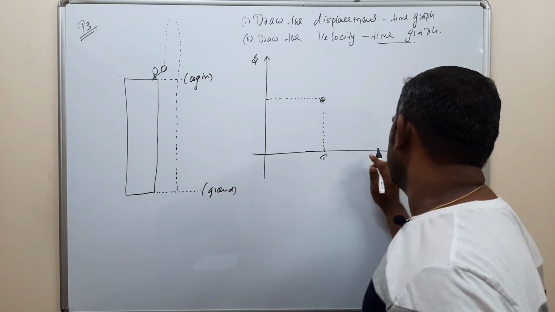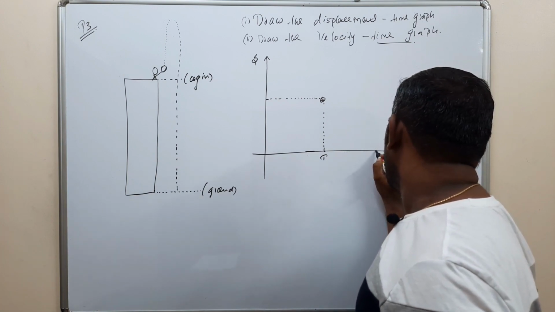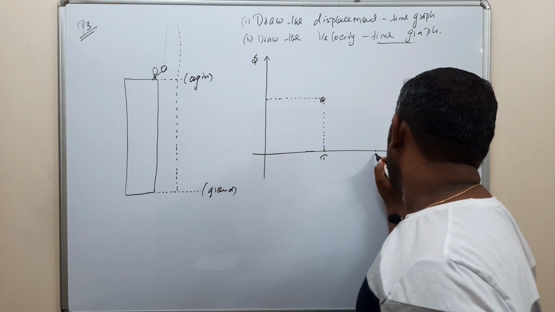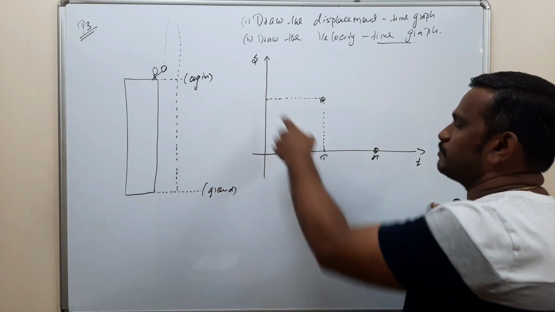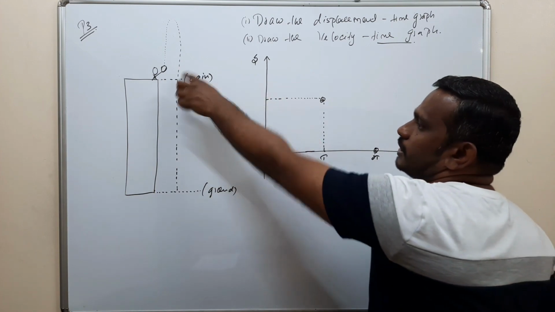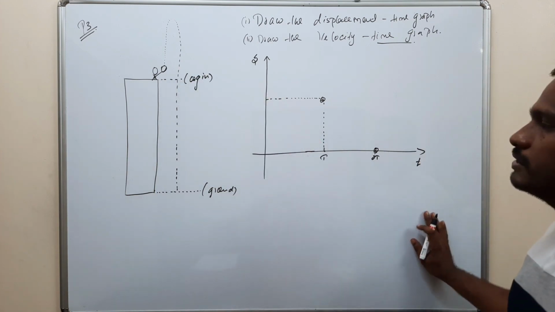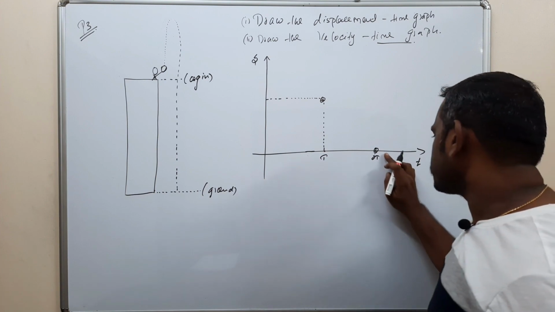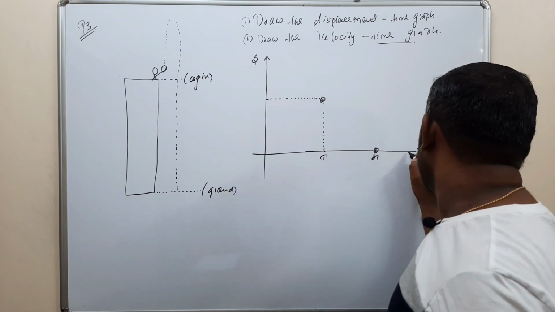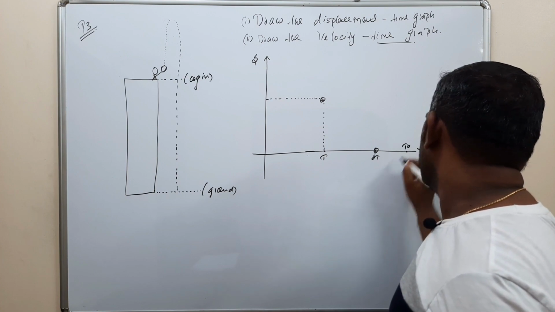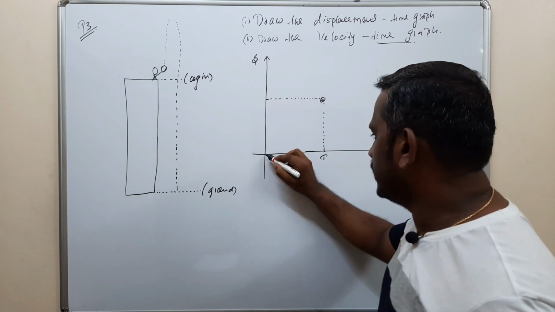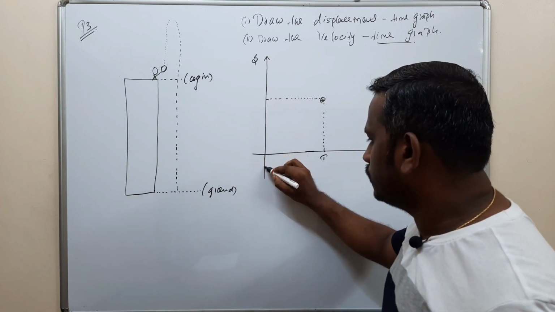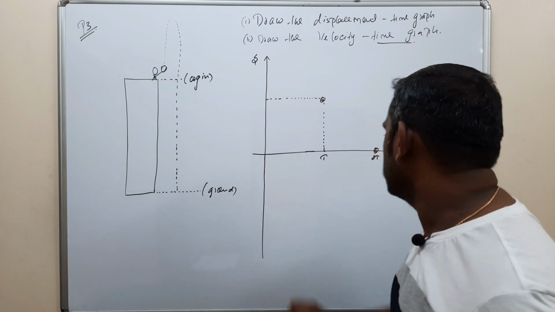At time 2t, the displacement becomes 0. That is, it comes to the original position. At time t0 it reaches the ground, that is the negative displacement.